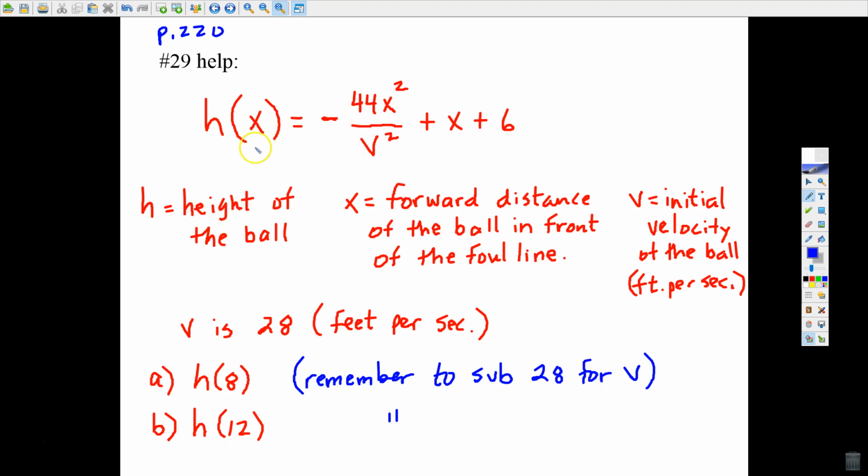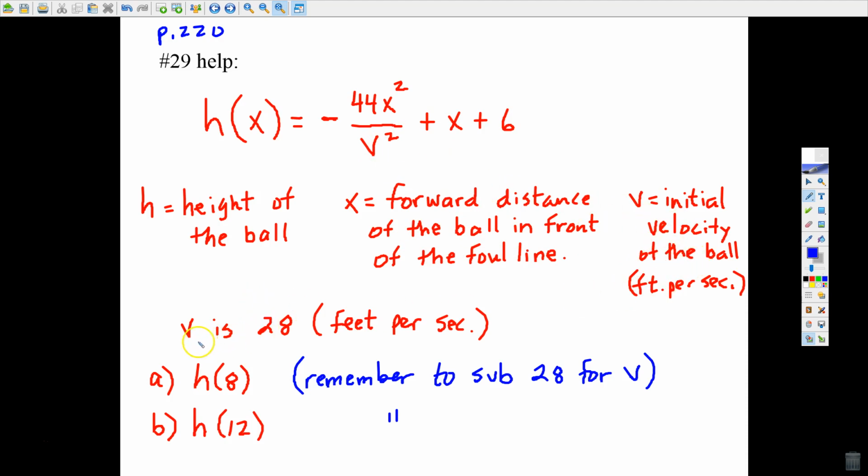So this physicist came up with this function to model a free throw shot, and h, of course, is given as the height of the ball. So this whole function represents the height of the ball given x being a forward distance of the ball in front of the foul line, and v stands for initial velocity of the ball.